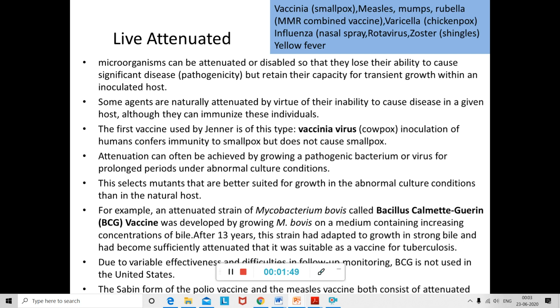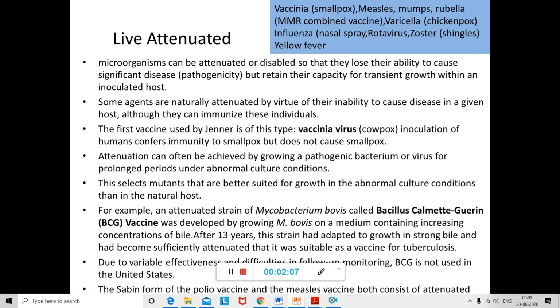Now, this can also be achieved by growing a pathogenic bacteria or a virus for prolonged periods of time under abnormal culture conditions. And this selects the mutants that are better suited for growth in the abnormal culture conditions than in the natural host.